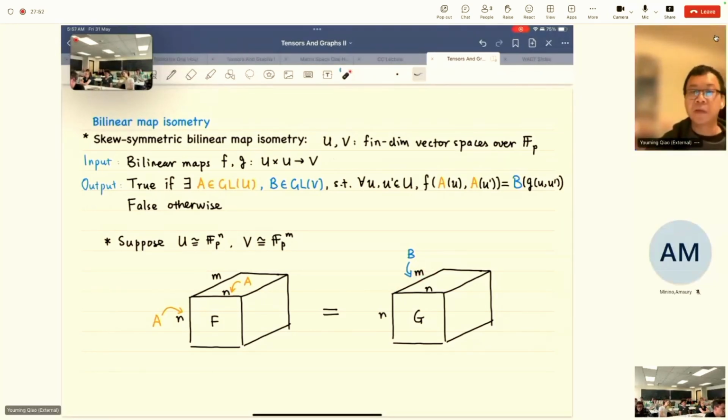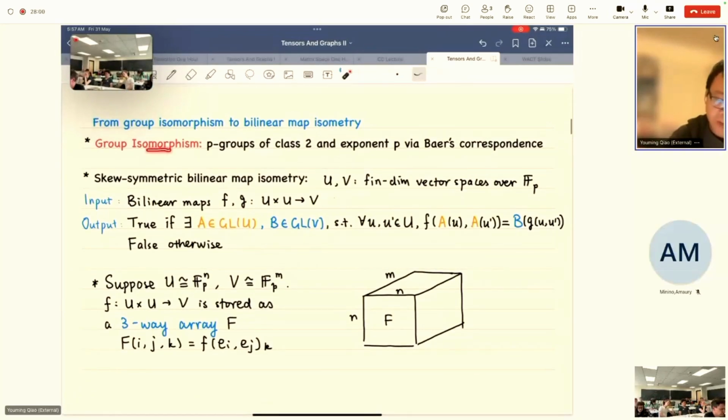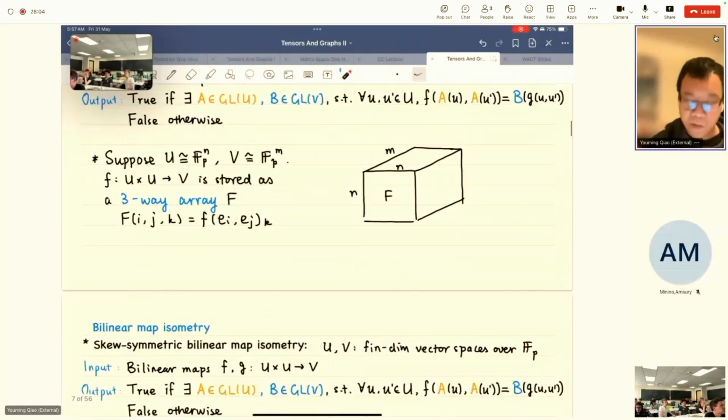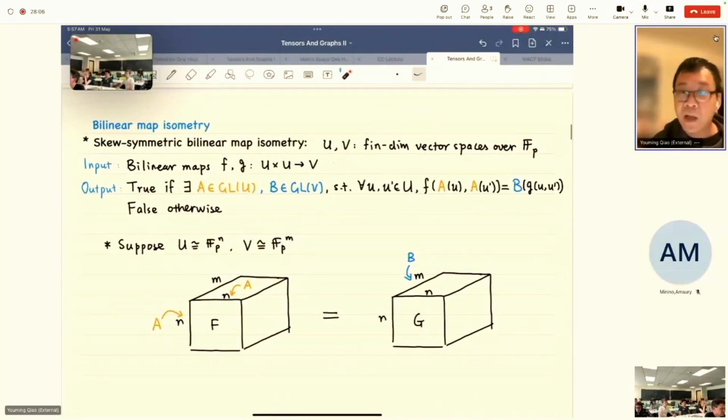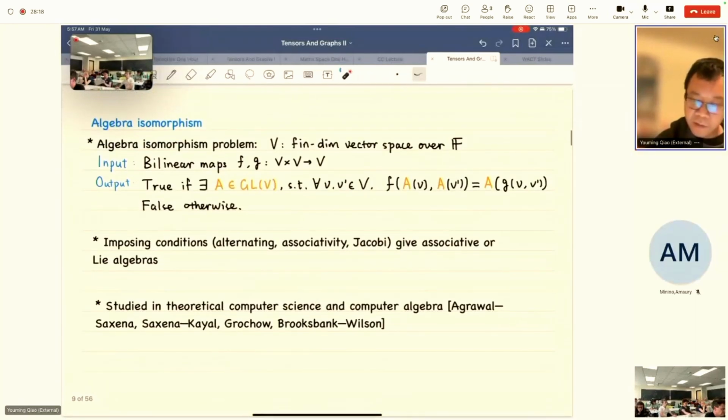So this is the isomorphism problem for skew-symmetric bilinear maps, and the motivation is actually to tackle group isomorphism. So this is group isomorphism and the resulting three-way array and the group actions. So that's the group side.